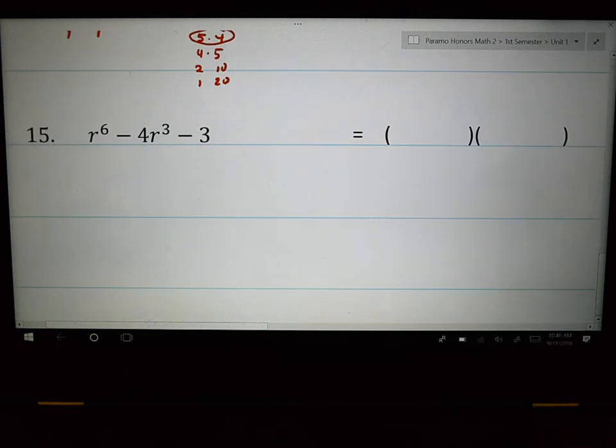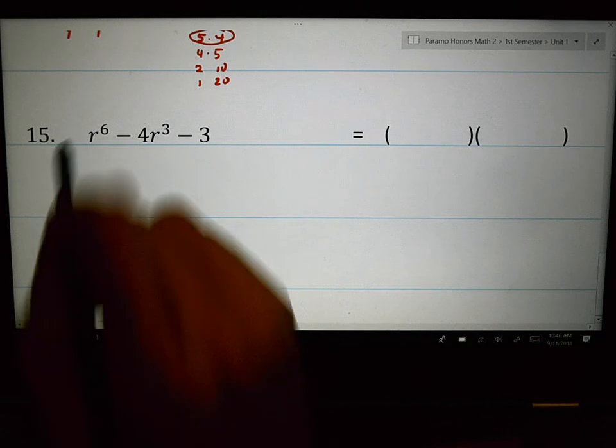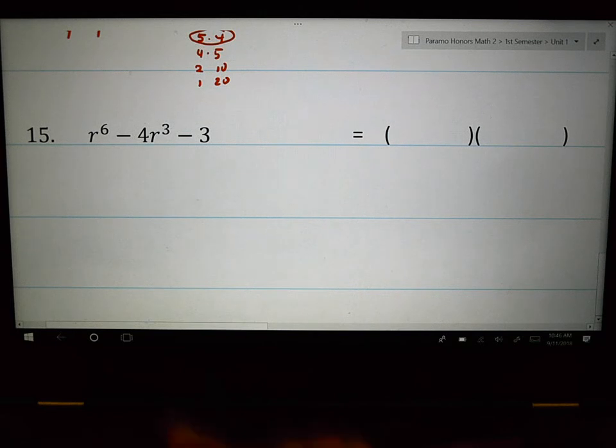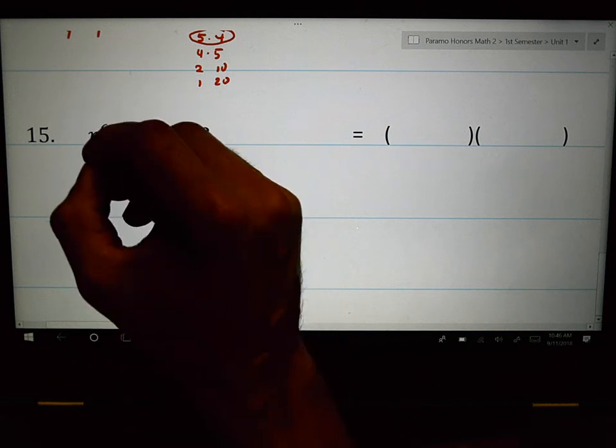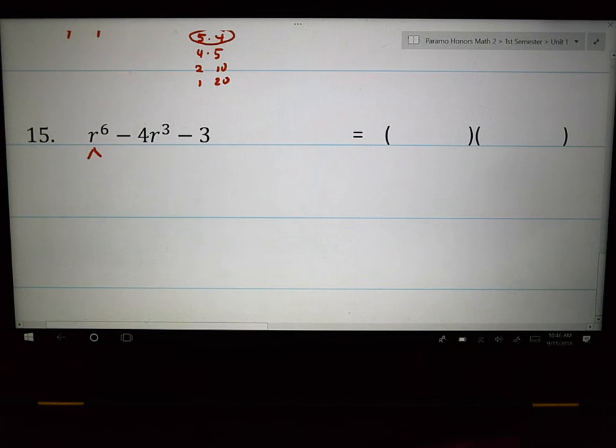Last example, then we'll be done with these notes, is number 15. I bet you could factor this left side pretty easily. You're going to split this up into what times what? So tell your partner if you know.